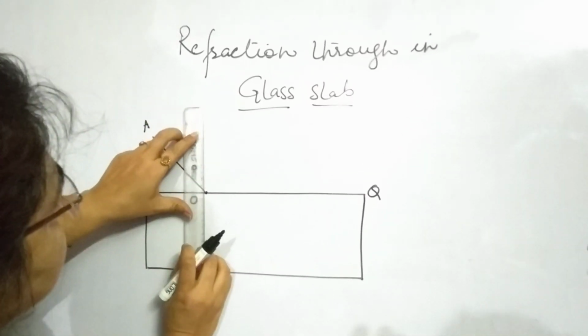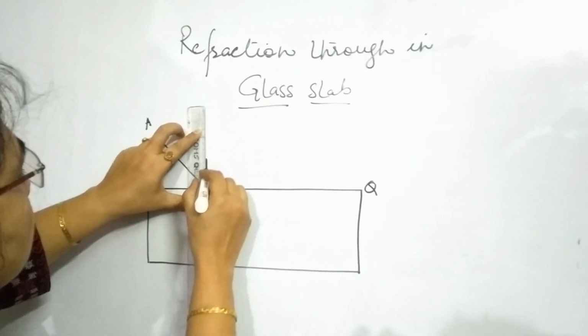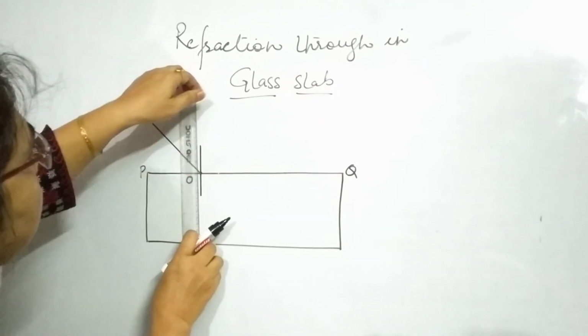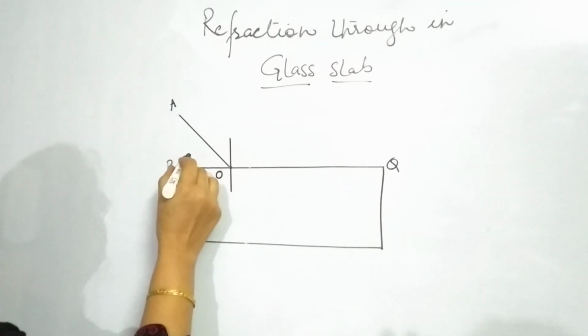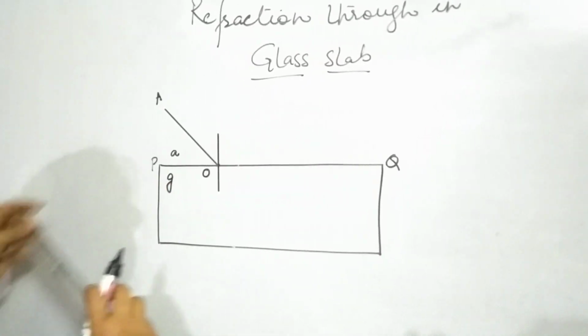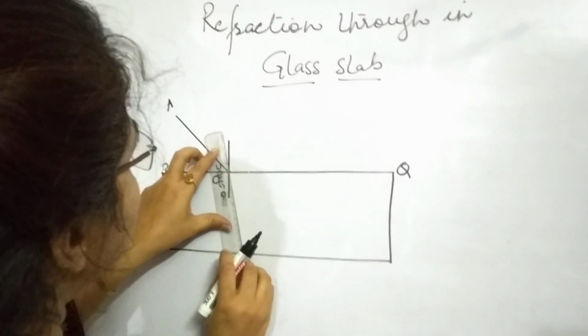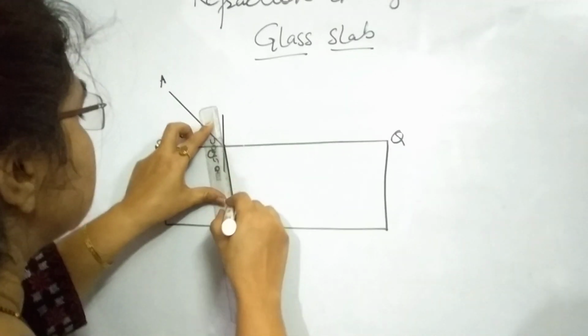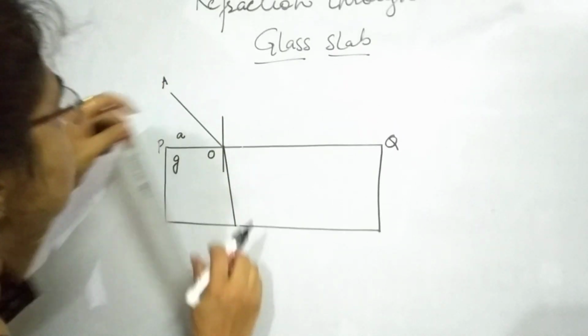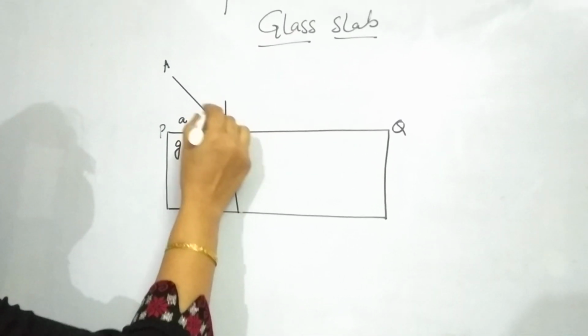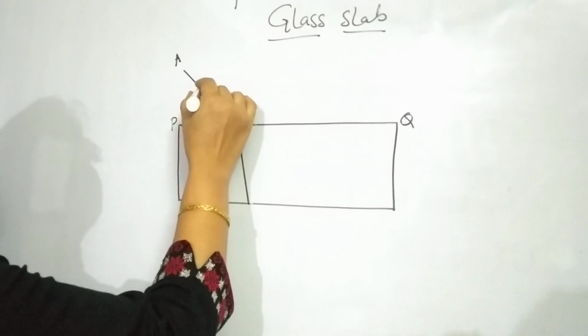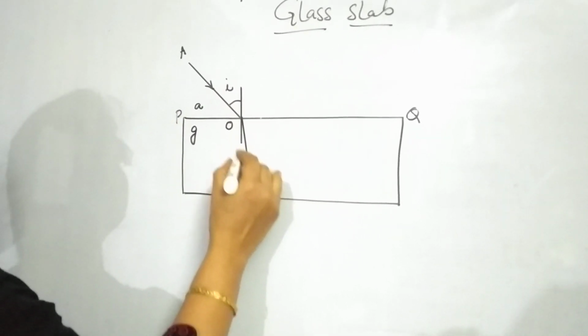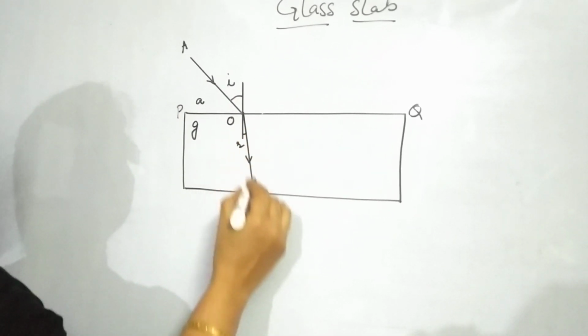At the interface surface, here I will draw the normal. As you know, a light ray travelling from air to glass, rare to denser, bends towards the normal like this. This is the angle of incidence i, the incident ray, the refracted ray, and this is the angle r.